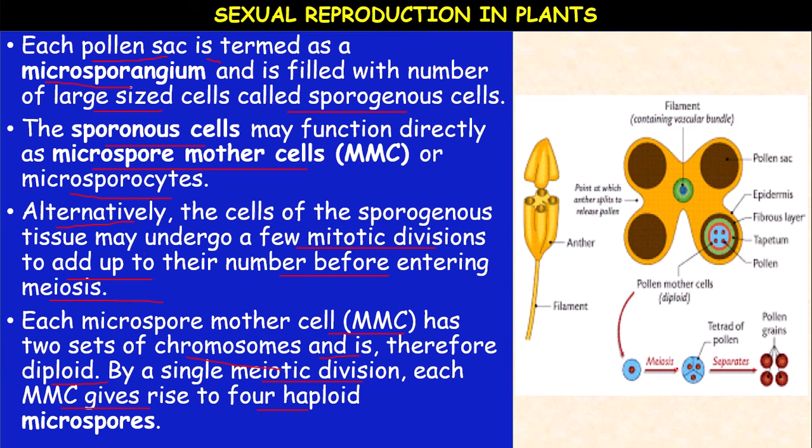The pollen mother cell is diploid, meaning 2 sets of chromosomes are present. This diploid pollen mother cell will undergo meiosis and form a tetrad of pollen. Then finally 4 pollen grains are produced. 4 haploid microspores. Microspores are nothing but pollen grains.